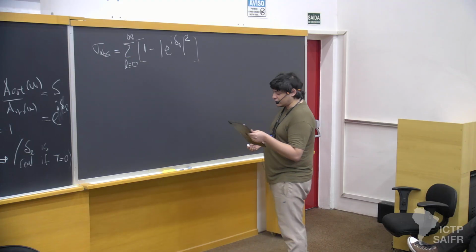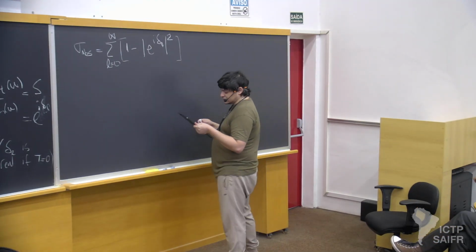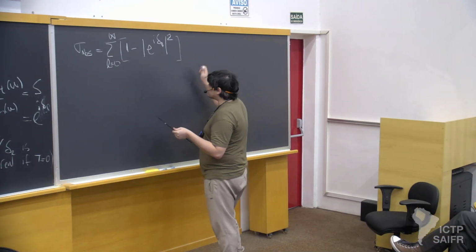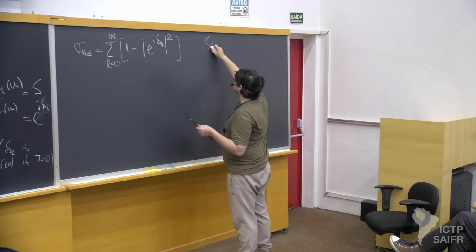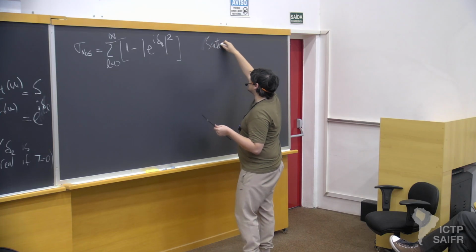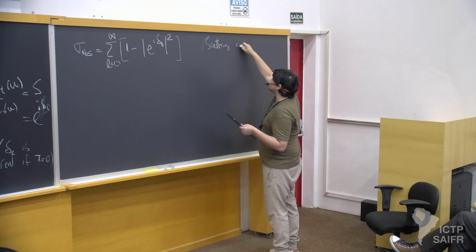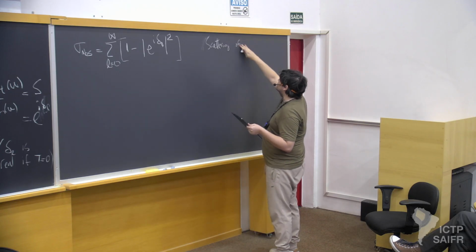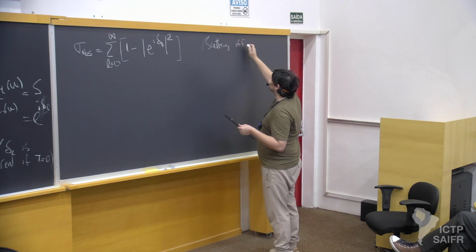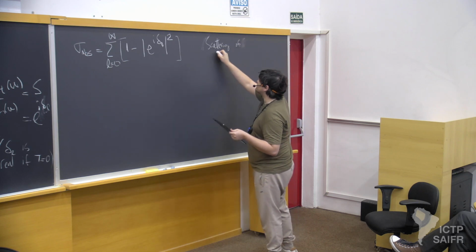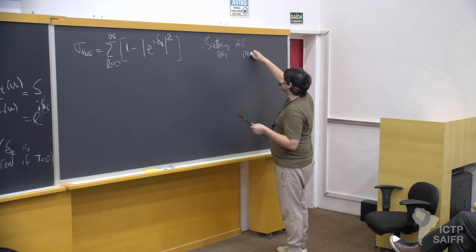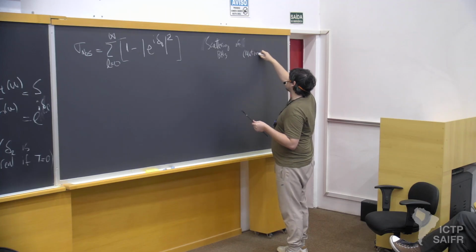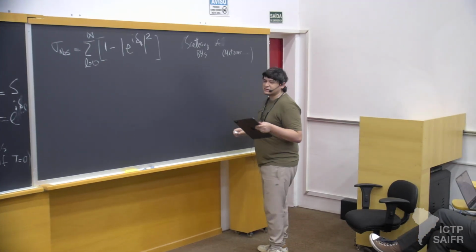If you want to learn more about this, the standard reference is a book called Scattering of Black Holes by Matzner et al. This book, I think people don't like it too much.